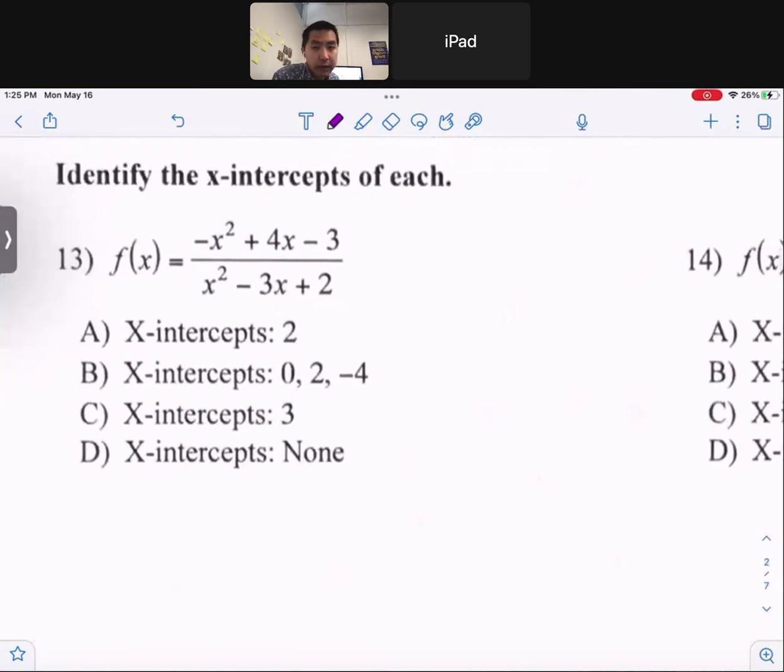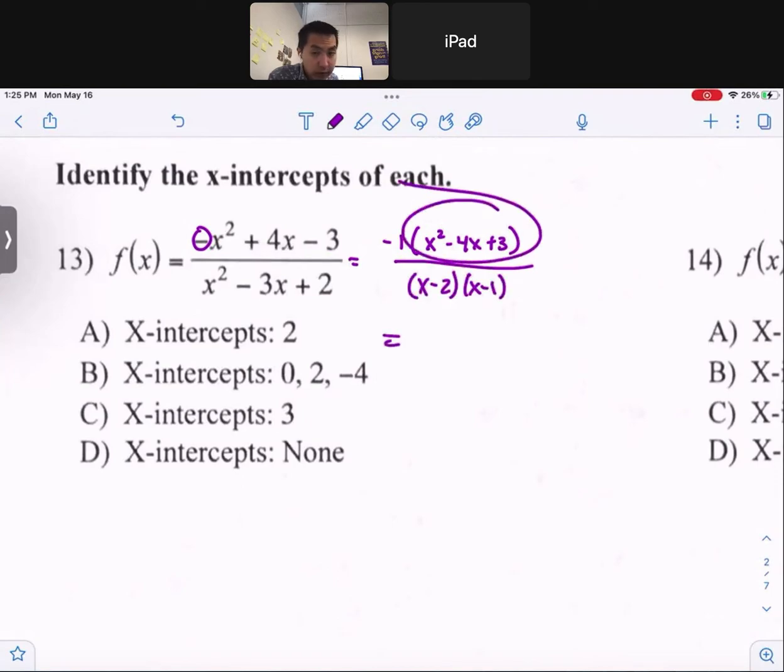Number 13, finding your x-intercept. Again, we have to factor out everything. Since there's a leading coefficient for the numerator, we have to factor out a negative 1 first. X method: x minus 2 times x minus 1.